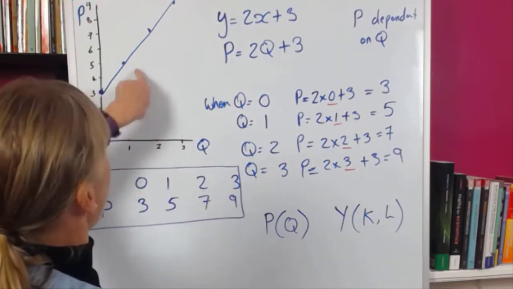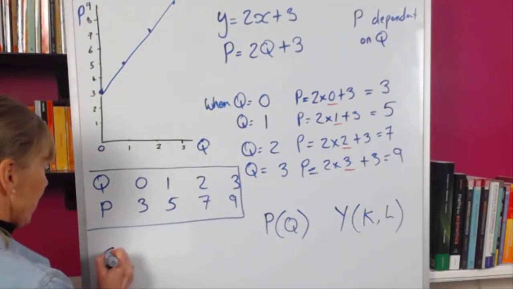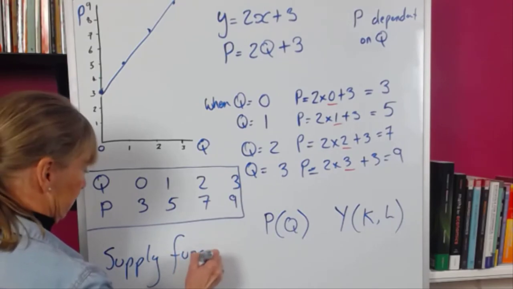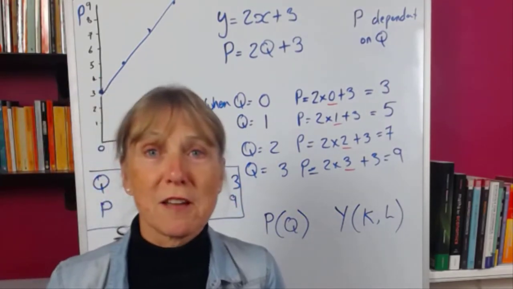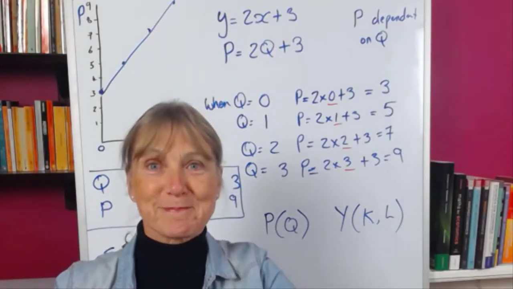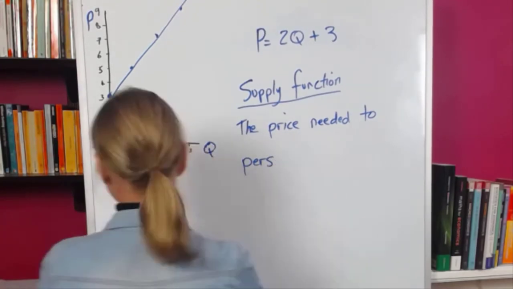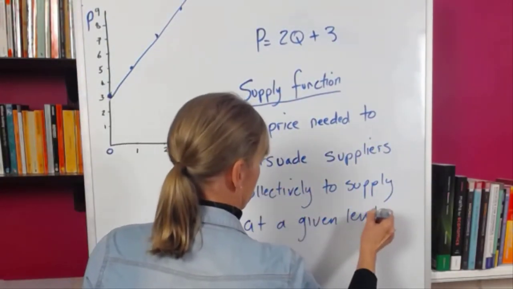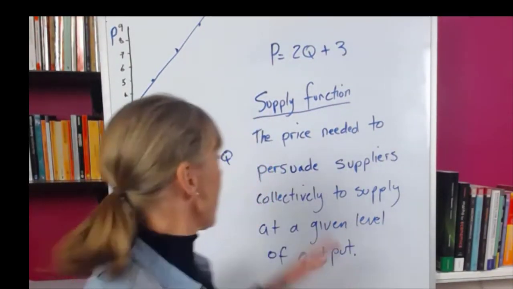So before we finish, let's give this a name. We're going to call it a supply function. And here's a definition of my supply function. So this might be looking at the economy as a whole.